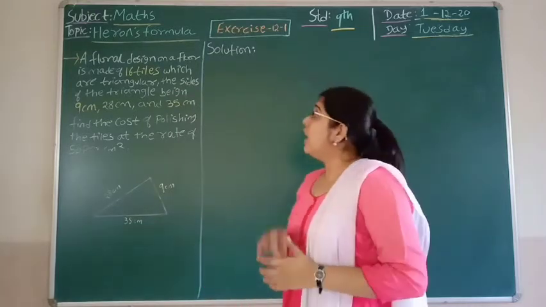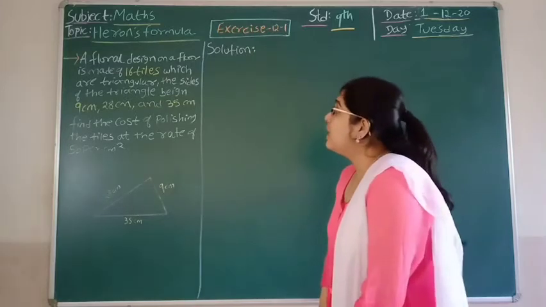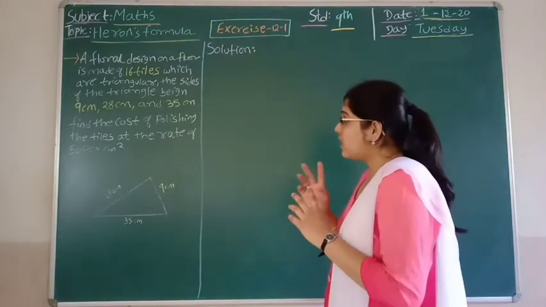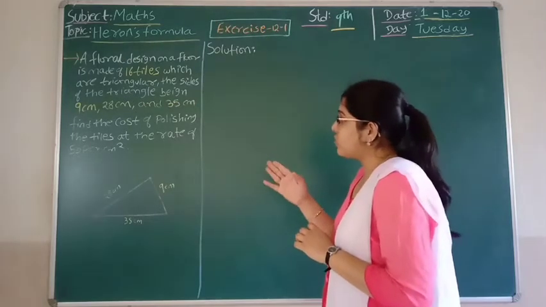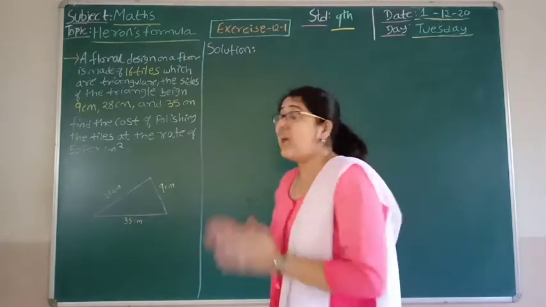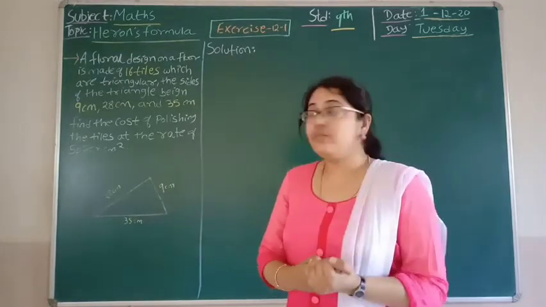A floral design on the floor is made of 16 tiles, which are triangular. The sides of this triangle are 9 cm, 28 cm and 35 cm.